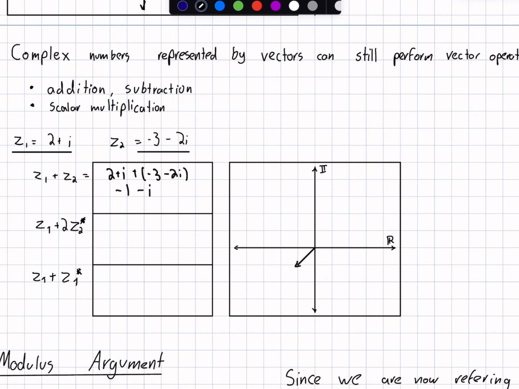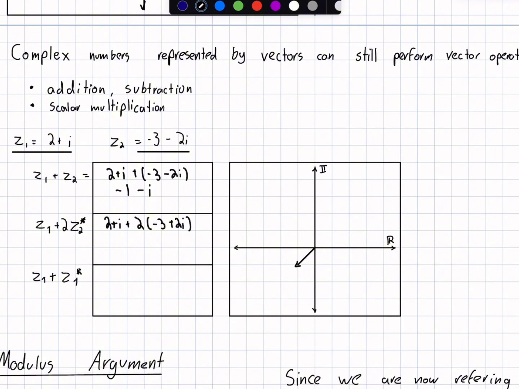Now, if we have z1 plus 2 z2 conjugate, we'll have 2 plus i plus 2 times negative 3, but in this case, it will be plus 2i since it's the conjugate.